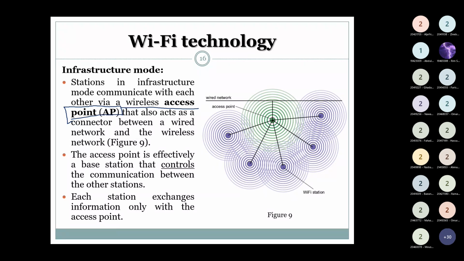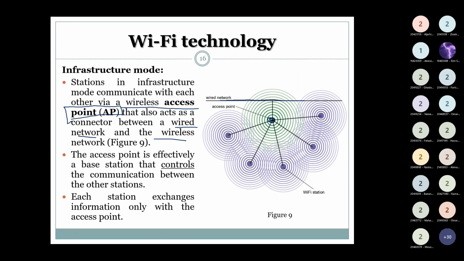So this is your wired network, and this is your access point. Imagine, for example, in your faculty, we already have the infrastructure. You have wired networks, and for each department there will be some wireless access point. Why? To connect wirelessly your mobiles, your laptops, etc.